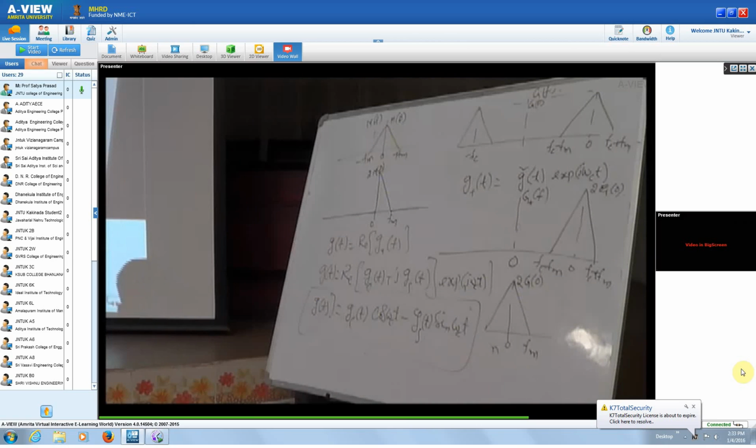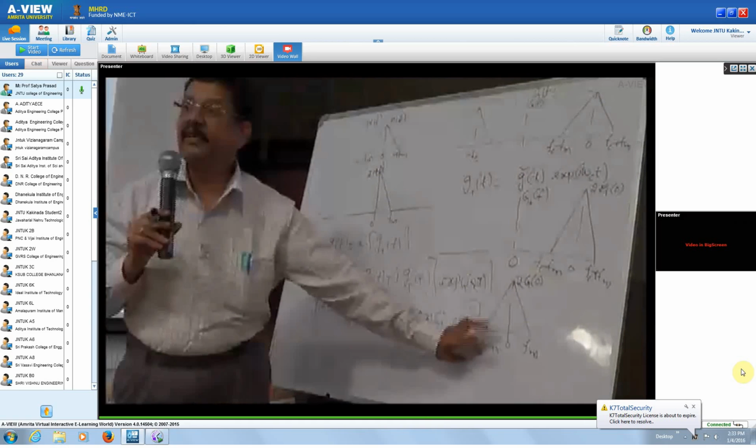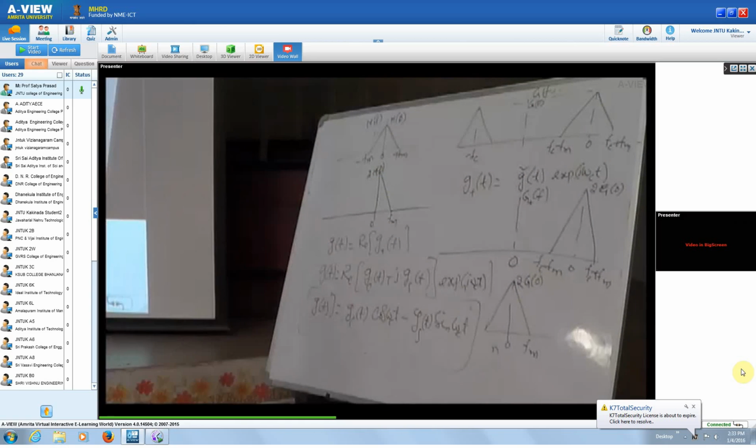Therefore, any band pass signal G of t can be represented in this way: Gc of t into cos omega ct minus Gs of t into sin omega ct. And what do we want? We want to represent an upper side band or a lower side band, which are band pass signals only. What is the band pass of your upper side band signal?